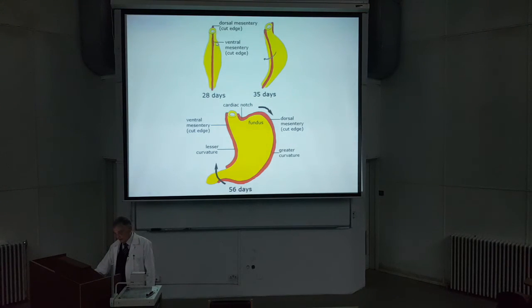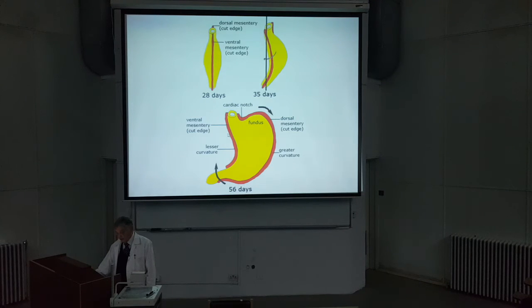Okay? So here is the axis first, and the greater curvature was posterior. When it rotates clockwise, the greater curvature is coming to the left. Right? So this is the first rotation.